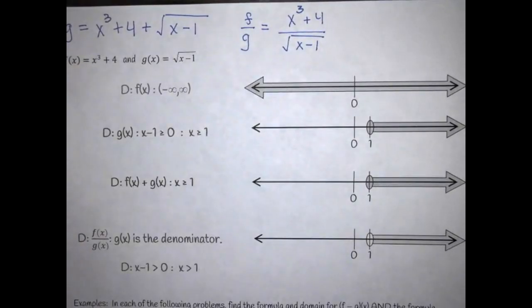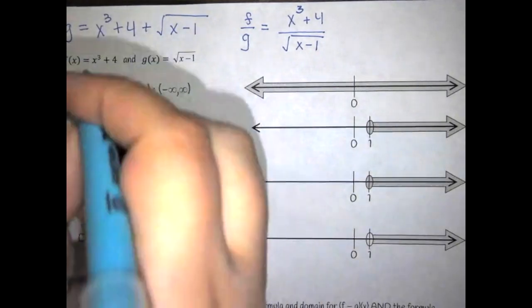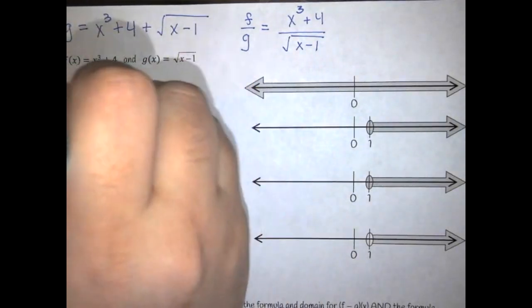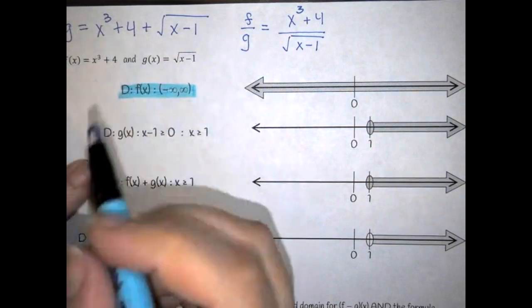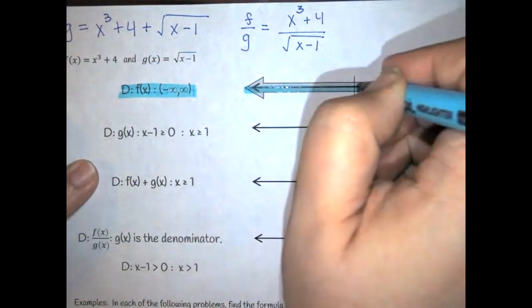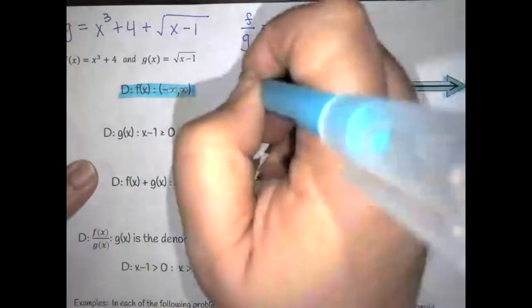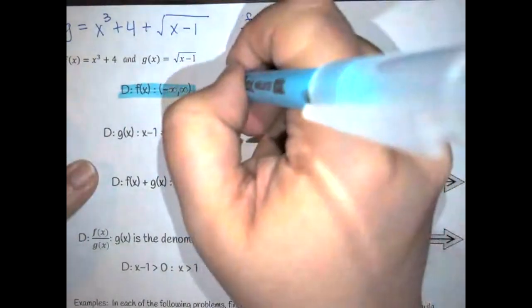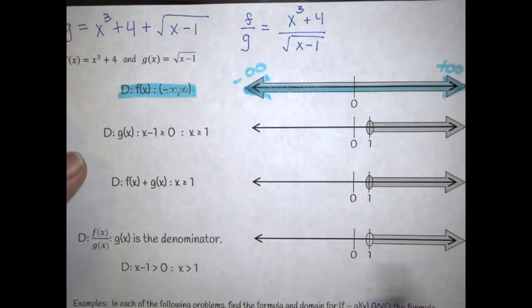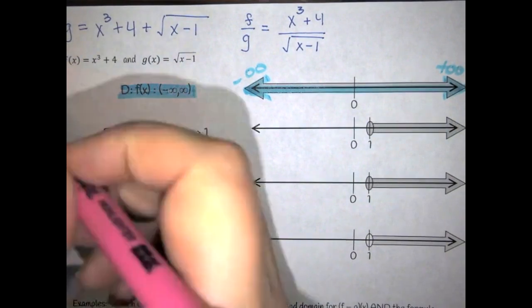So first and foremost, we have f. The domain of f of x, x cubed plus 4, is going to have no issues. So it is all real numbers, so we're going to shade the whole thing here in blue. Again, remember this is the negative and this is the positive. We then need to look at g.